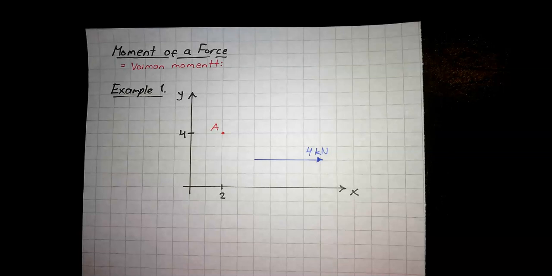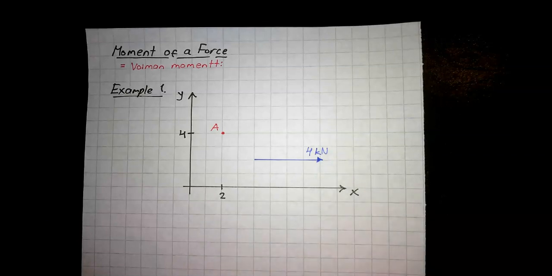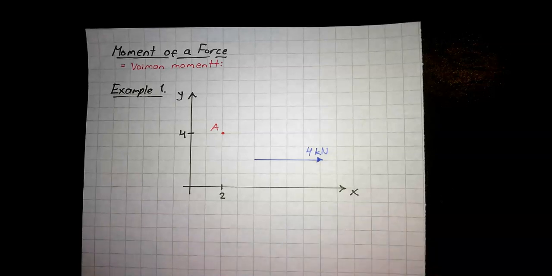And as you probably remember from the basic physics, the moment of a force is calculated by multiplying the magnitude of the force by the distance to the point in which we are calculating that moment. And that distance is the shortest distance.